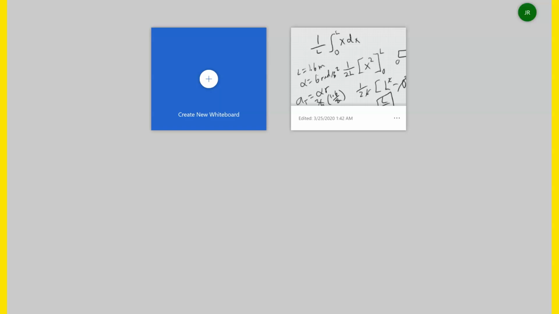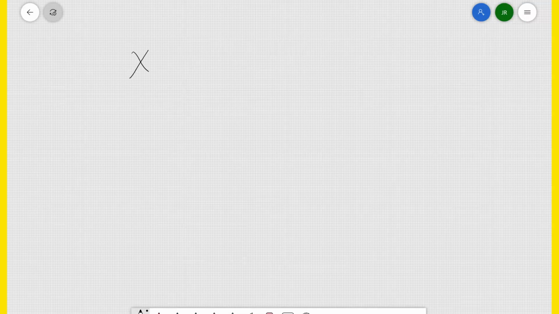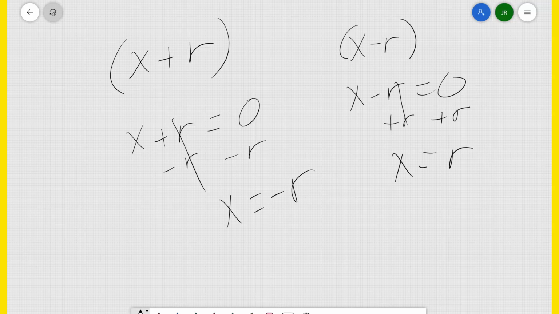If we have x plus r as one of the factors, then we would set that equal to 0 and solve it, and we would get negative r as the solution. So if we don't want negative r to be the solution, and in this problem it says r is the solution, then actually x minus r would have to be the factor, because then you could set that equal to 0, and if you solved it, you would get x equals r as the solution.